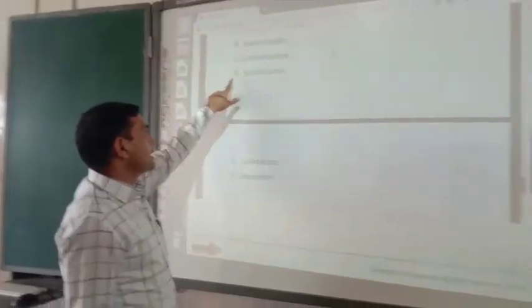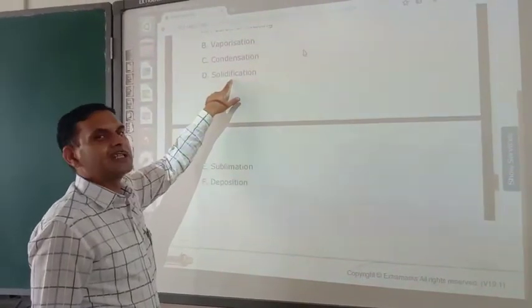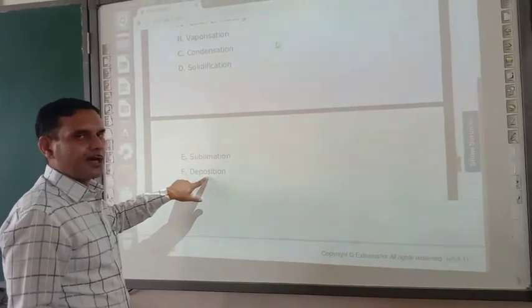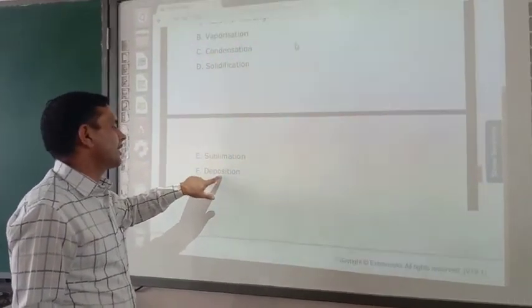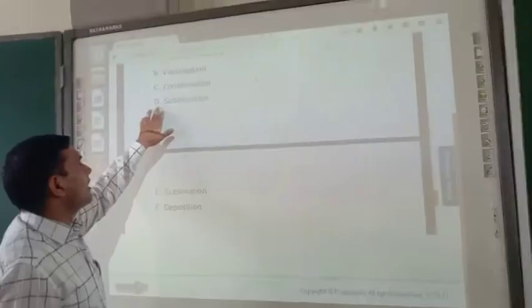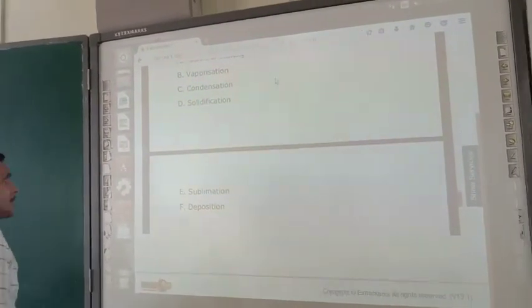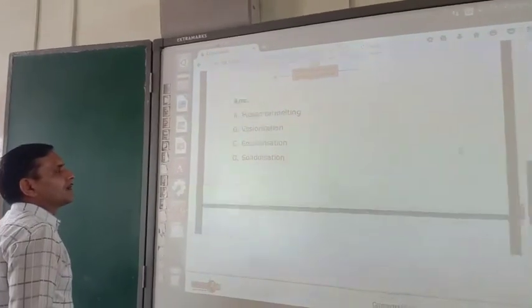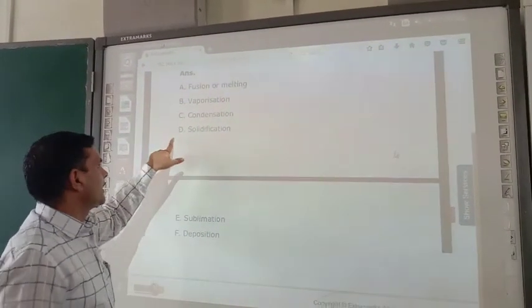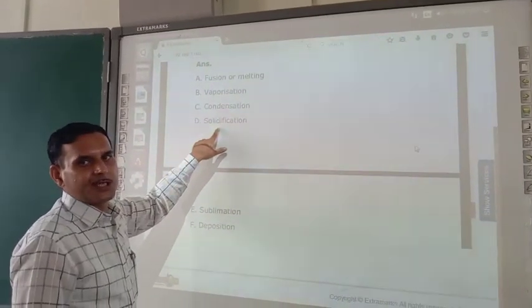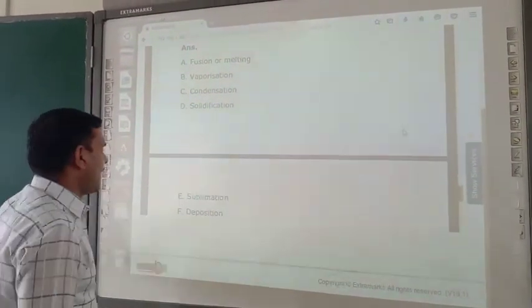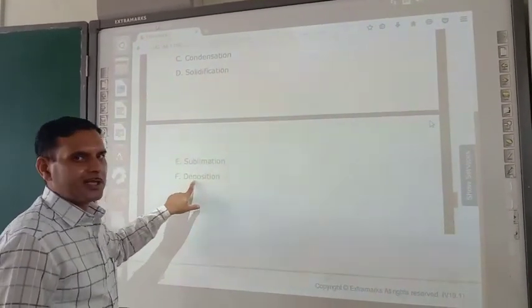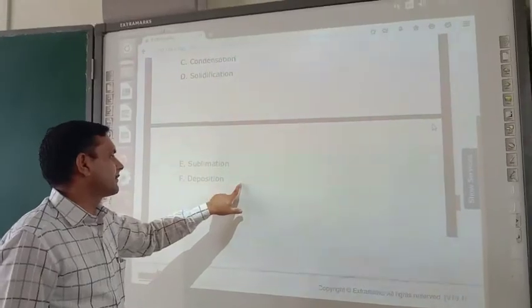In place of D, you can write freezing, and in place of F, you can write solidification or precipitation or deposition. All three are correct.